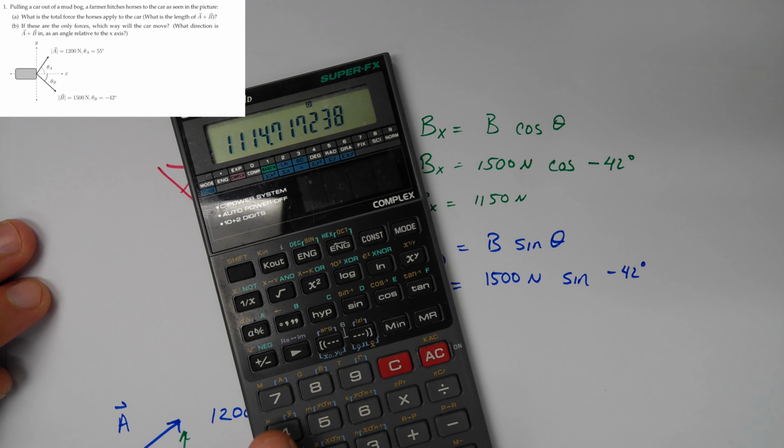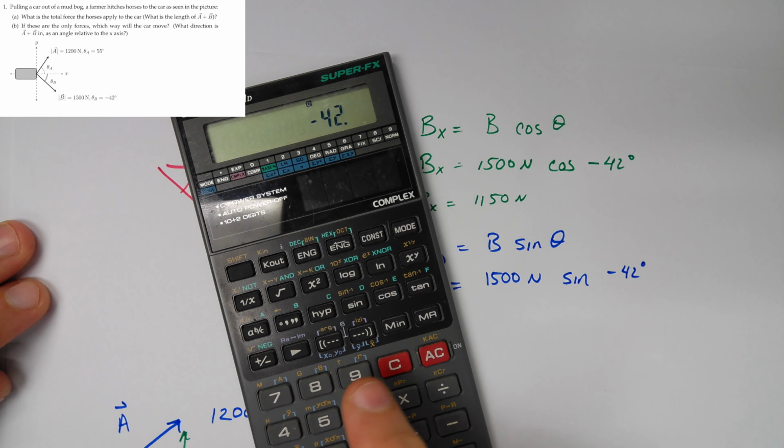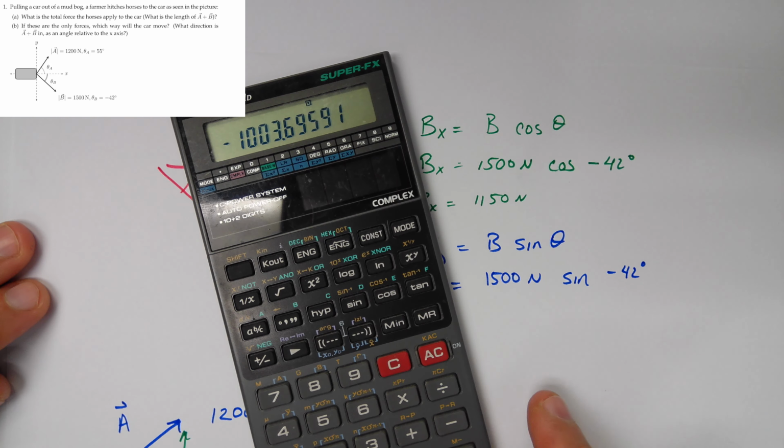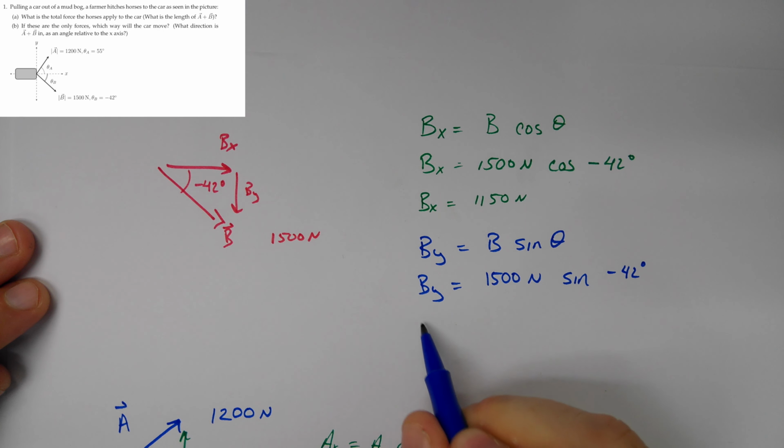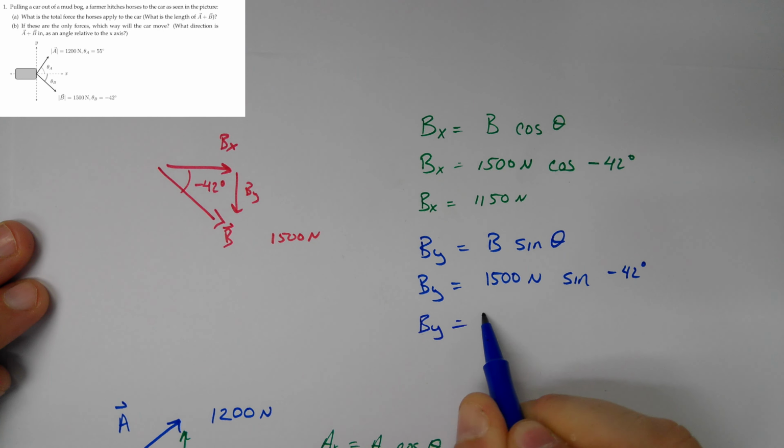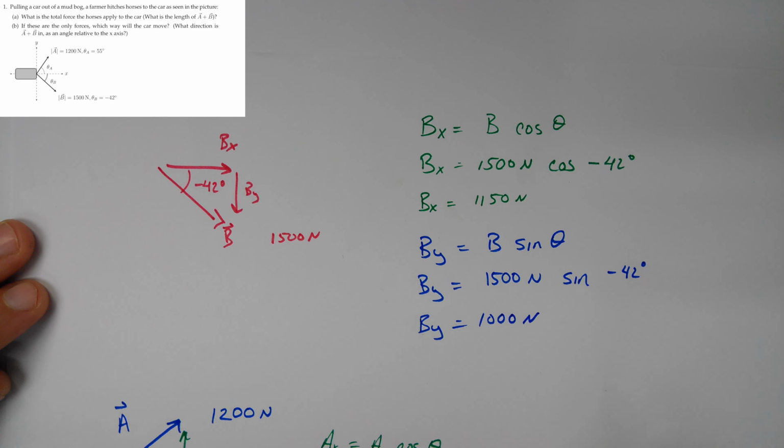And so we do 42 negative sine, that's the negative, times 1500, and we get to 3 sig figs 1000. So that's our two components of our vector.